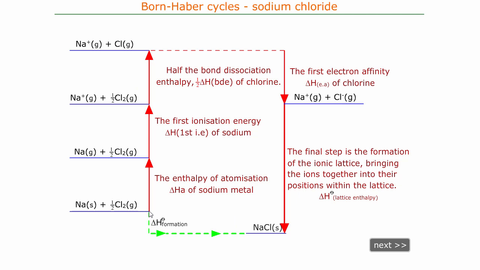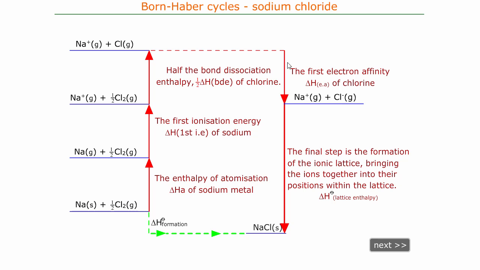This will allow us to calculate mathematically any of the energetic terms, provided we know all of the others. So for example, if we wish to know the lattice enthalpy, which is from this position here down to here, then we would simply add up all of the other stages, taking into account which direction the arrow goes.